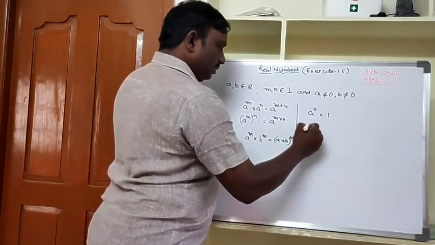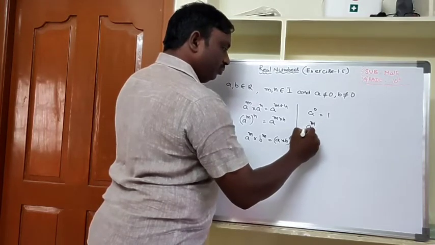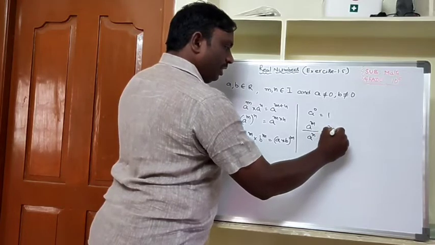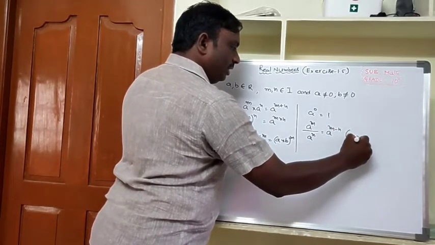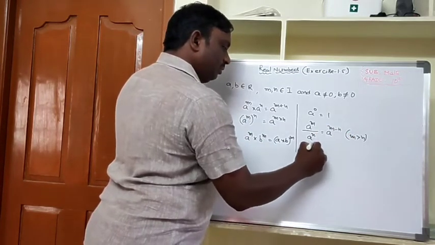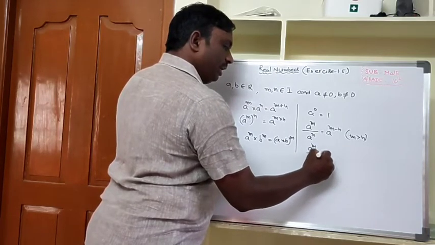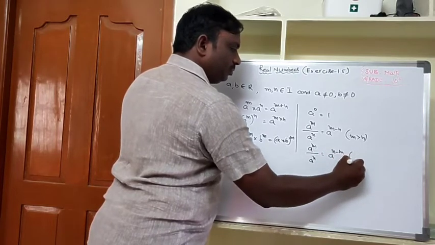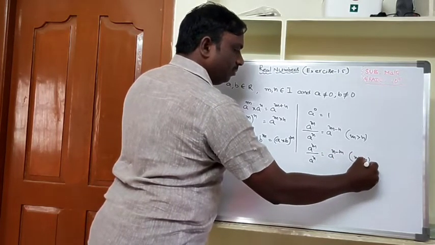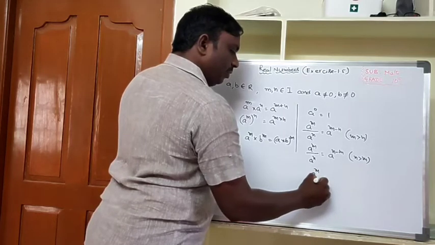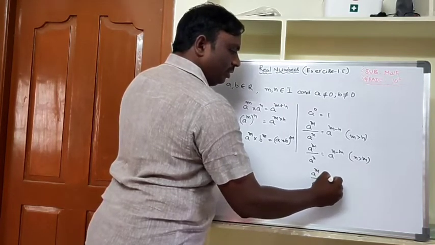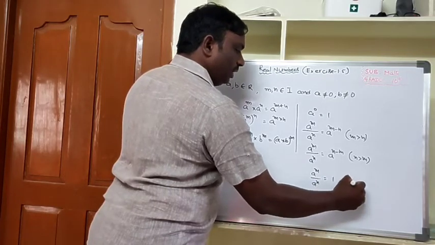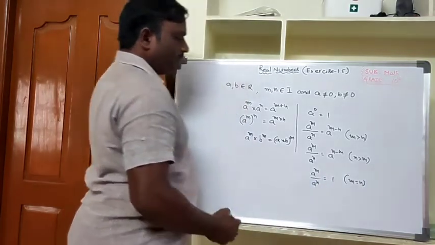Next, a power m by a power n equals a power m minus n when m is greater than n. Similarly, a power m by a power n equals a power n minus m when n is greater than m, and a power m by a power n equals 1 when m equals n.